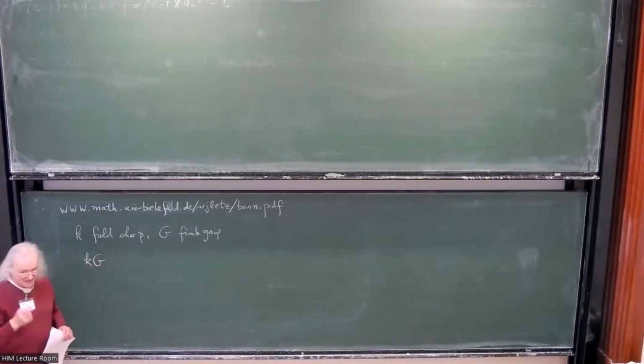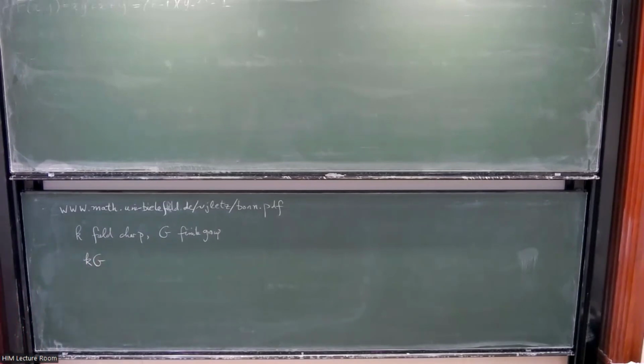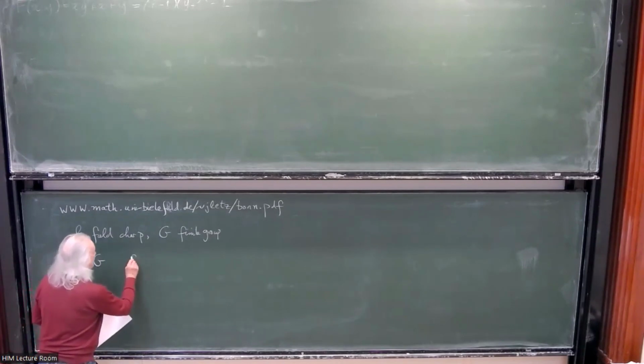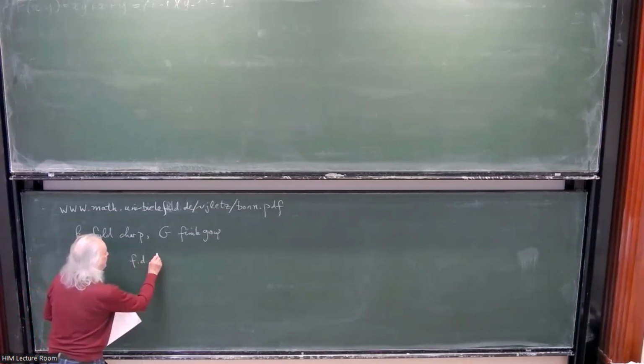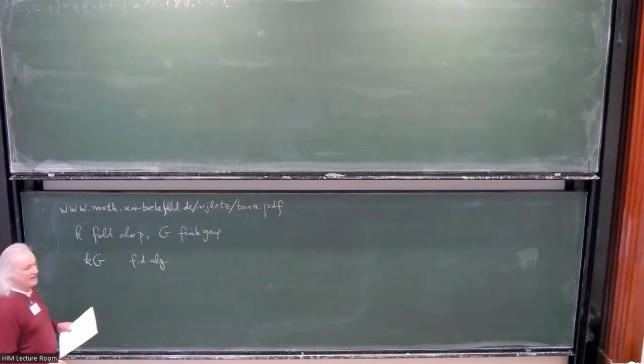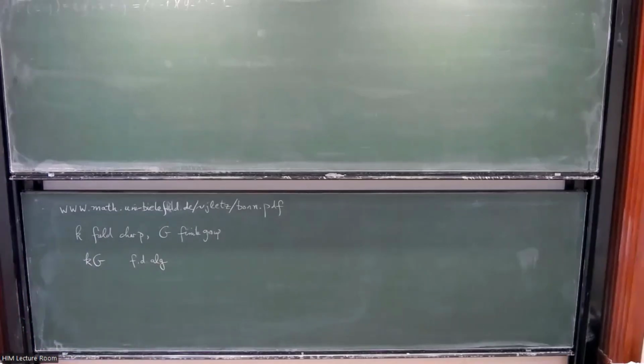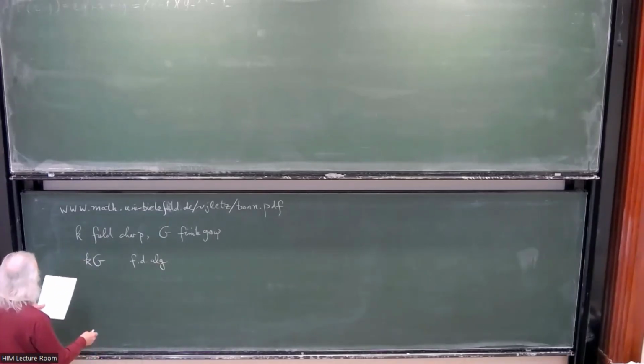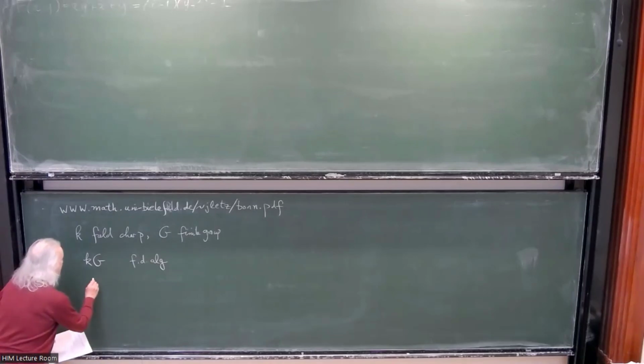So it's just a vector space whose basis elements are identified with the group elements, and the multiplication just comes from the group multiplication extended bilinearly. And so this is a finite dimensional algebra. And we need to look at various properties of this. The first one is that it's self-injective.